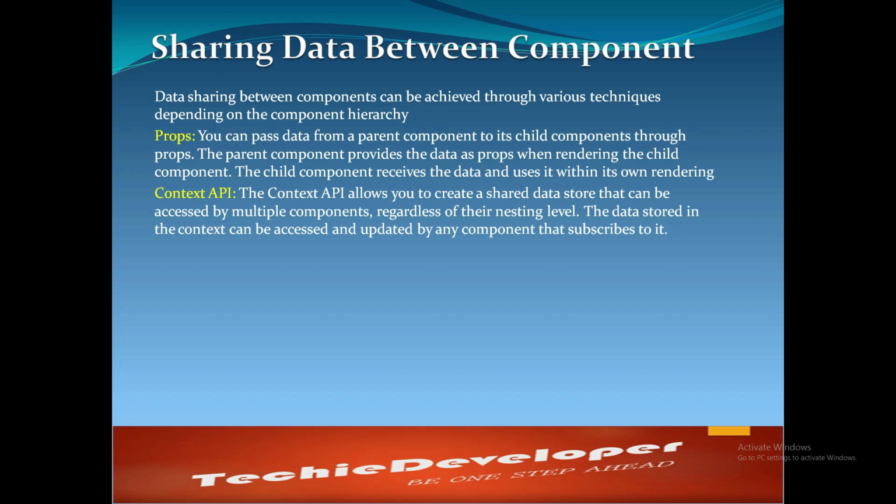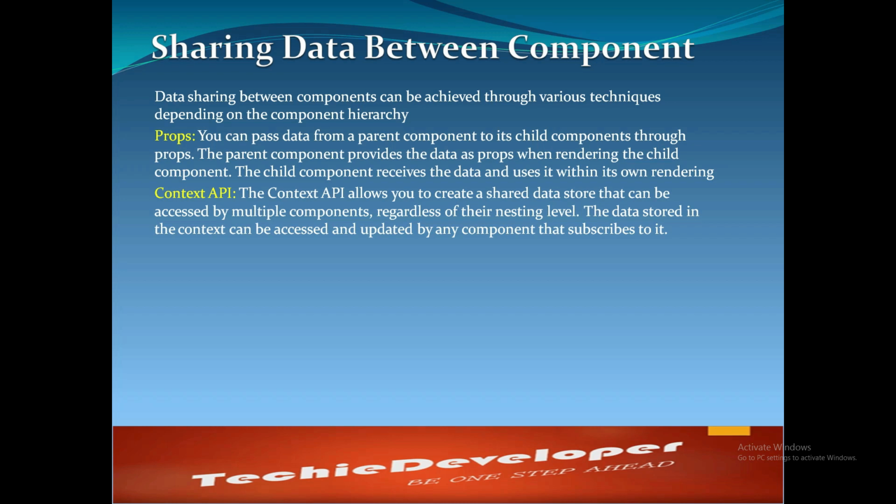So what does the context API do? The context API allows you to create a shared data store. It will create one data store where you can set the data, and all the components can access that data store.